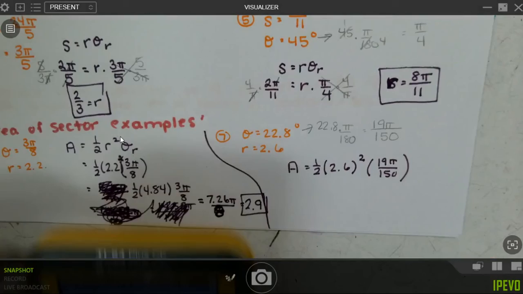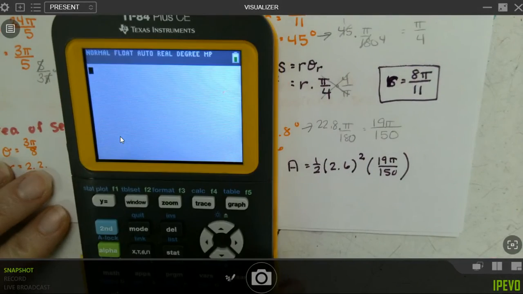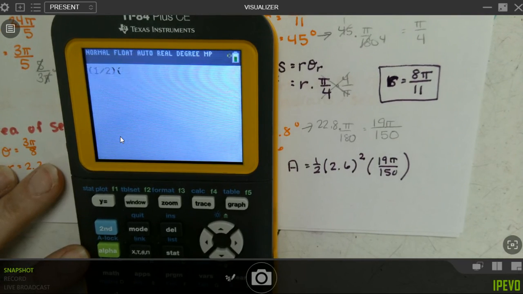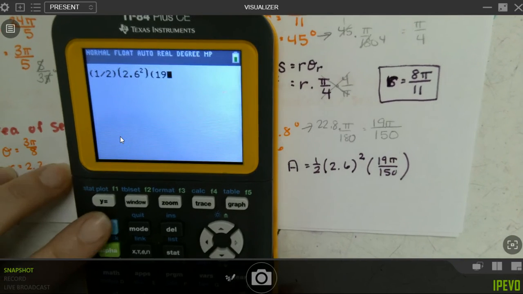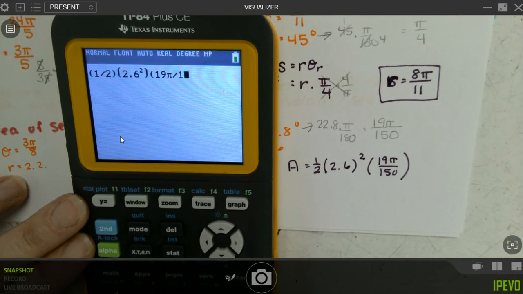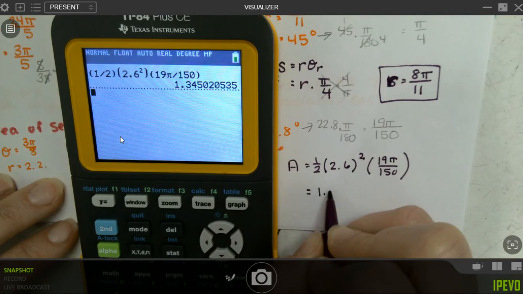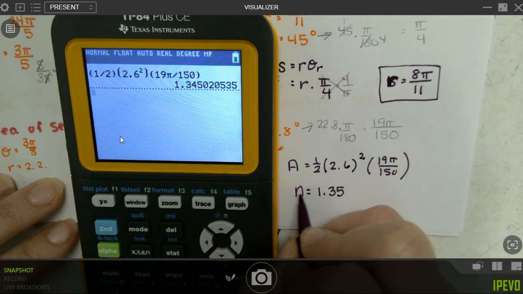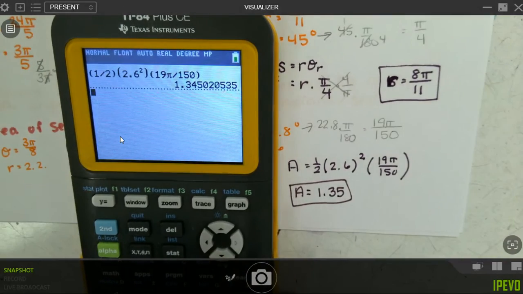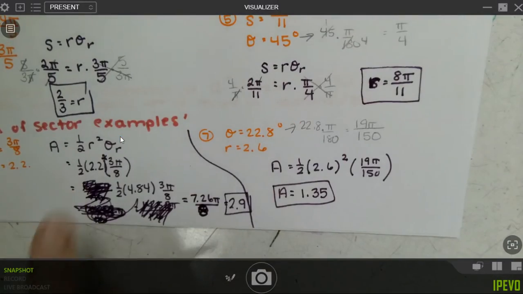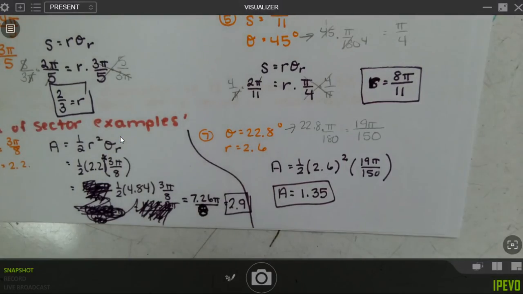So I'm just going to type this entire thing into the calculator. 1/2 times 2.6 squared times 19 pi over 150. 1.35 is the area. All right, so you can see that's really all you have to do. I don't know what was going on with that other one. So that's how you find arc length and sector area.